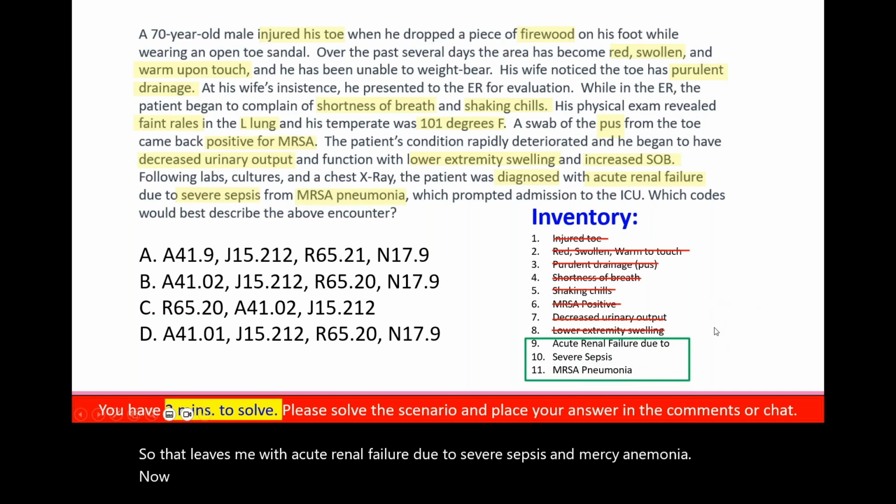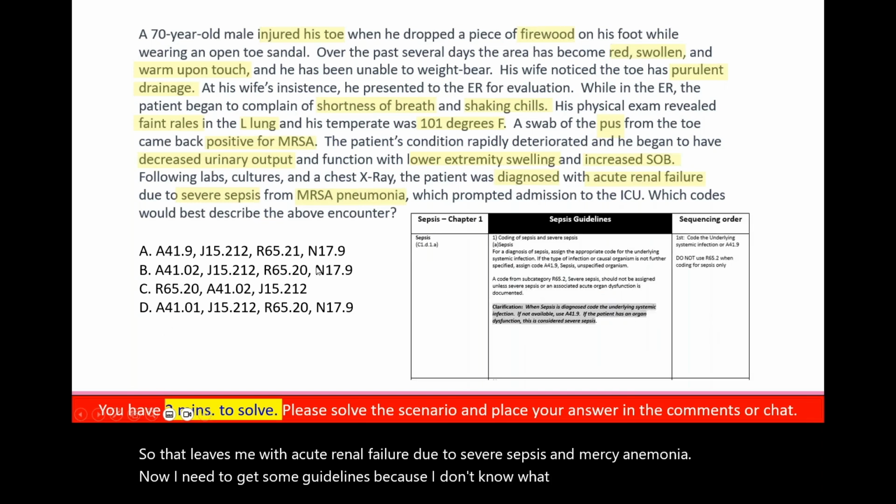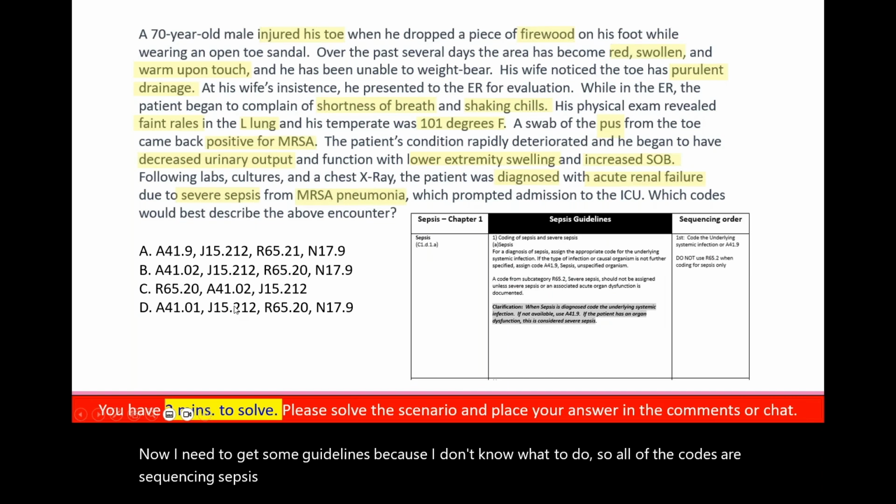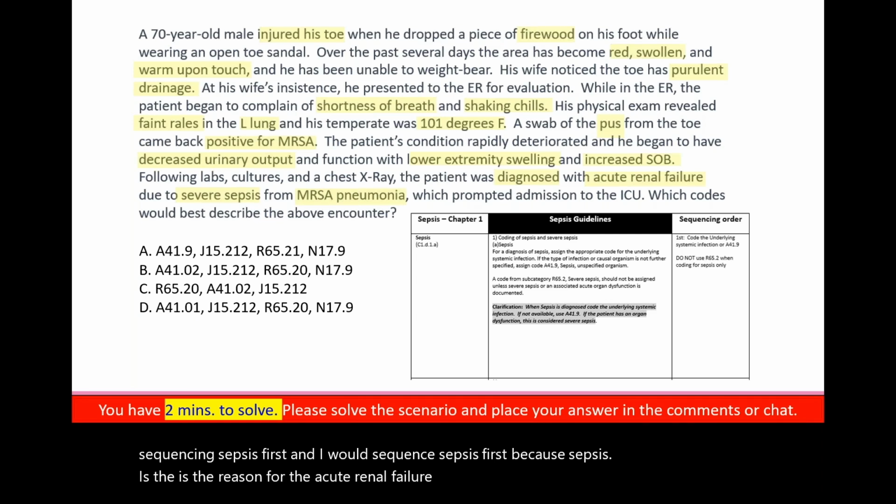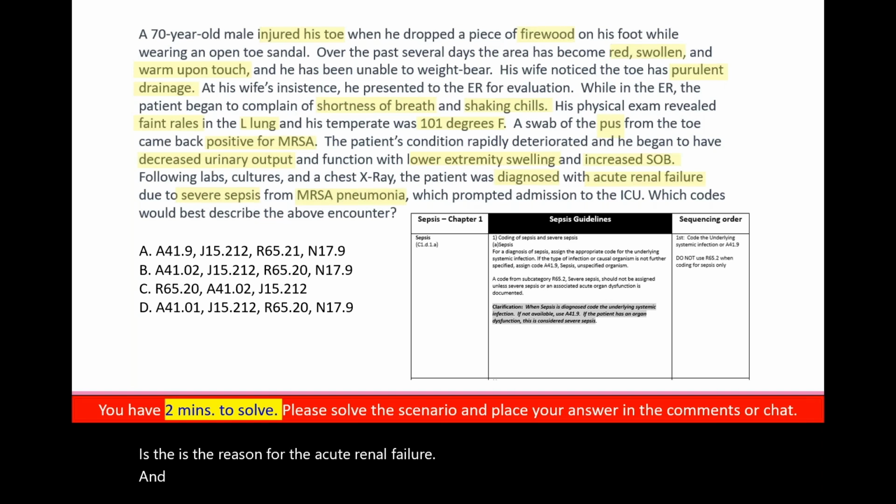Now, I need to get some guidelines because I don't know what to do. So all of the codes are sequencing sepsis first, and I would sequence sepsis first because sepsis is the reason for the acute renal failure, and that also is related to the MRSA.